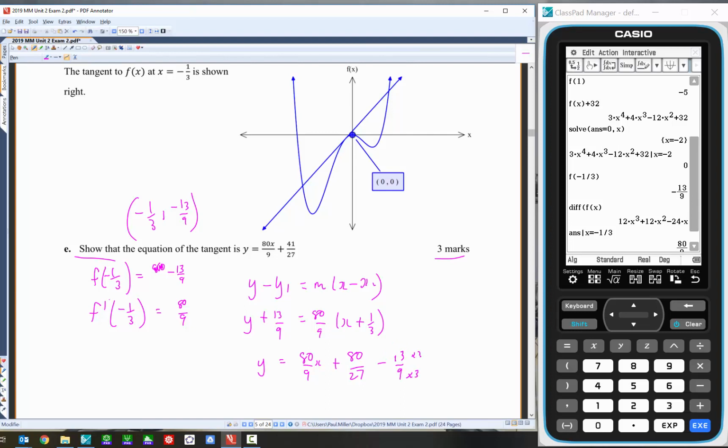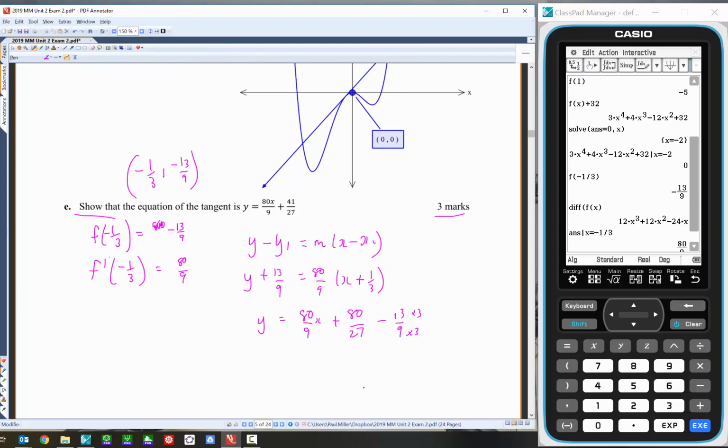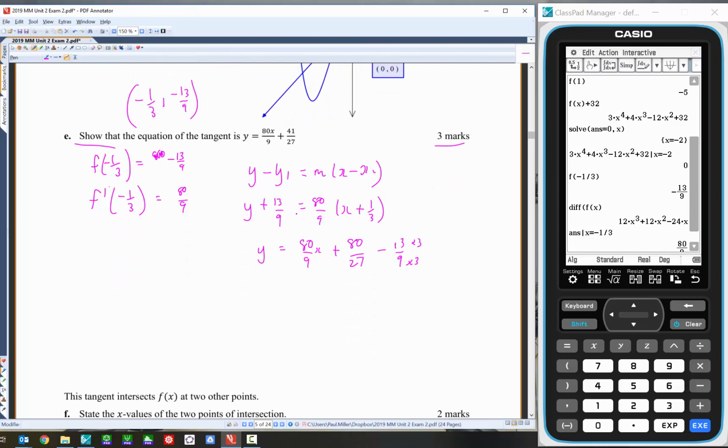We're going to times that by 3, and we've got y equals 80x/9 plus 80/27, take away 39/27, and I'll be willing to bet that's going to be 41/27 as required.